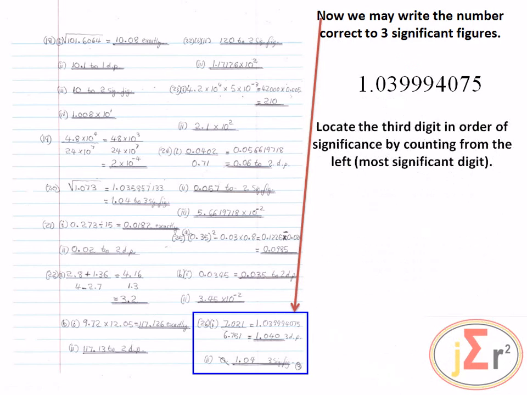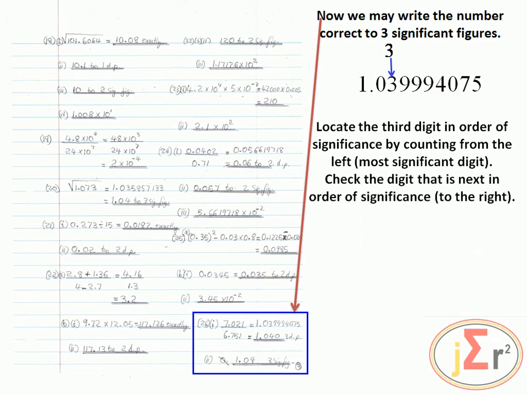Locate the third digit in order of significance by counting from the left, where we will find the most significant digit. 1, 2, 3.